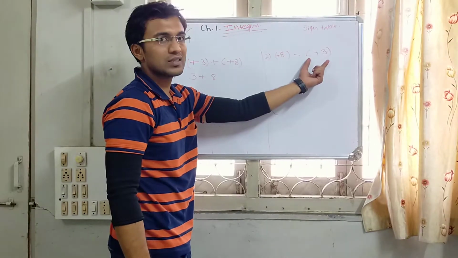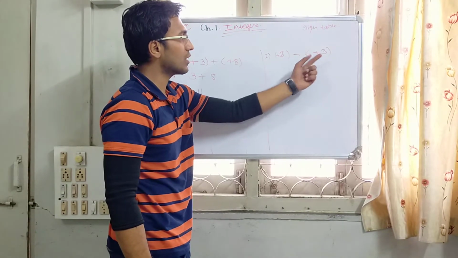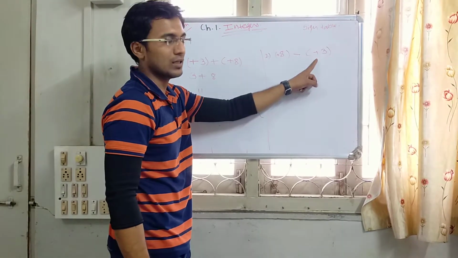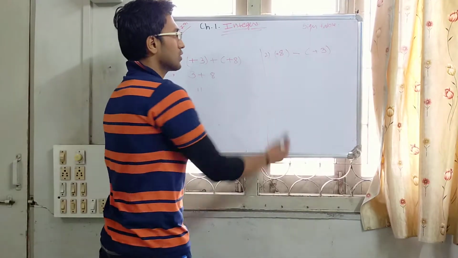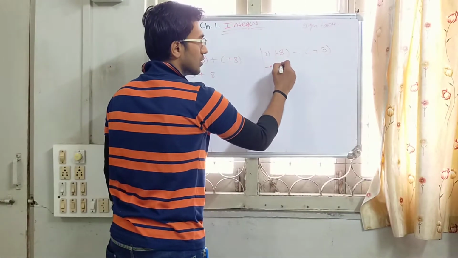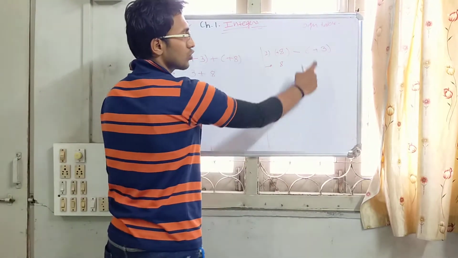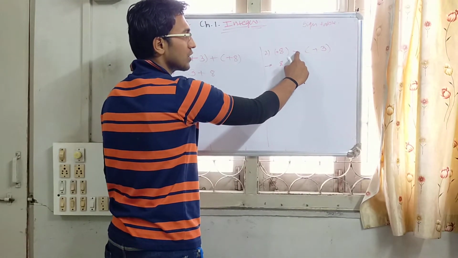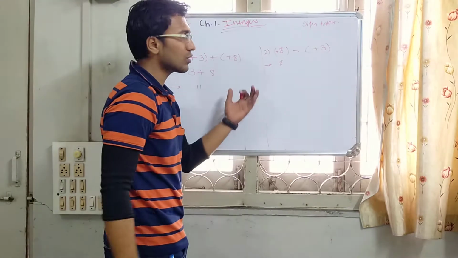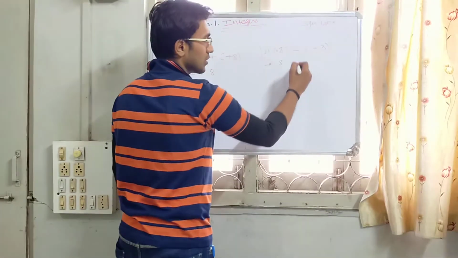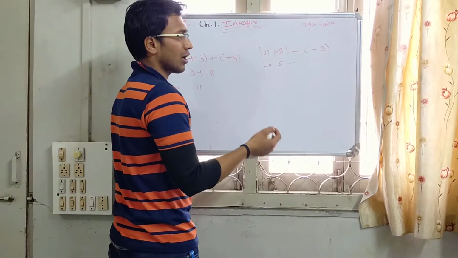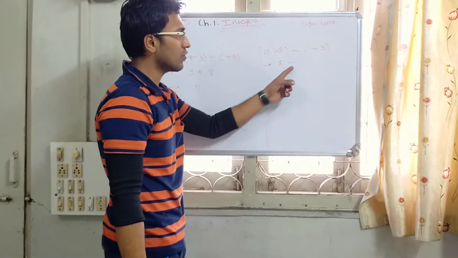I'll first remove this bracket, and after removing it I'll compare these signs accordingly. This would not change, this would be 8 only. This number is plus and this number is minus, so minus plus according to that table becomes minus. The operation would be of the higher priority sign, which is minus.